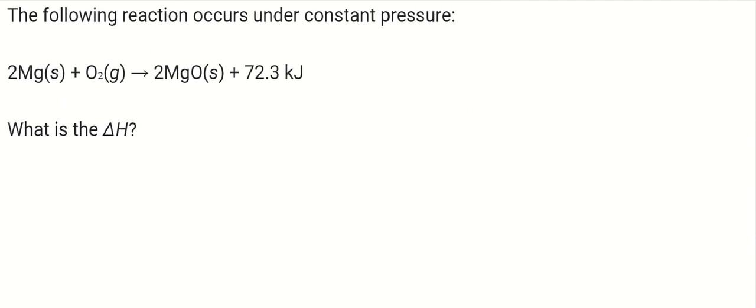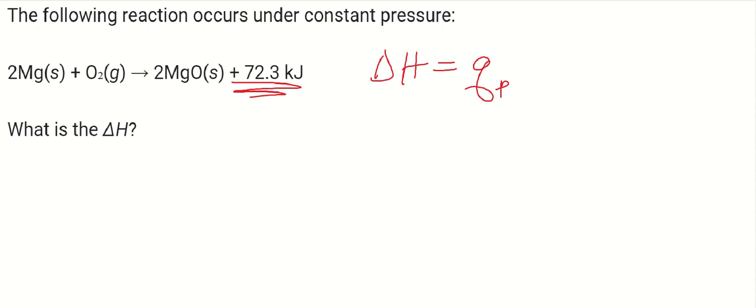21 minutes, okay. So the following reaction occurs under constant pressure. So we are given delta H is equal to heat when the pressure is constant. So when this is the thermochemical equation, we write the heat as a reactant or a product.